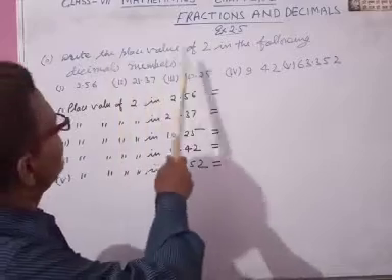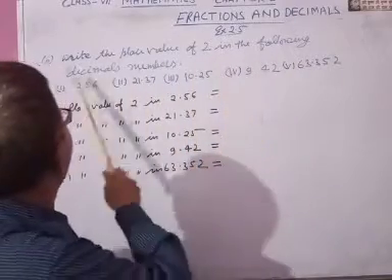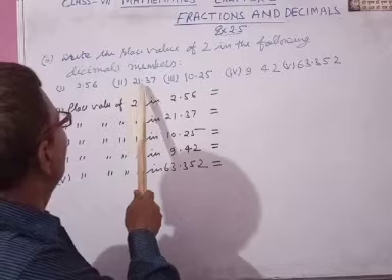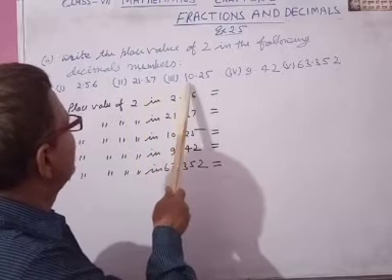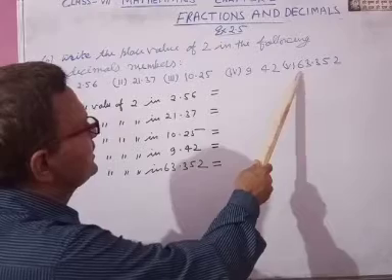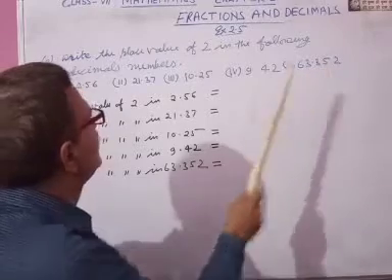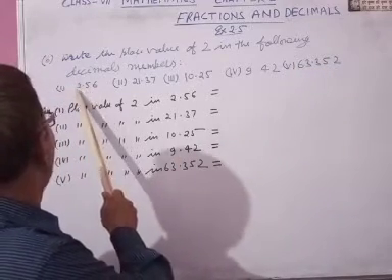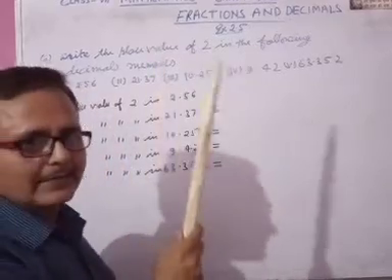Write the place value of 2 in the following decimal number. 2.56, 21.37, 10.25, 9.42, 63.352. When we write the place value before decimal, so ones, tens, hundreds, thousands likewise.